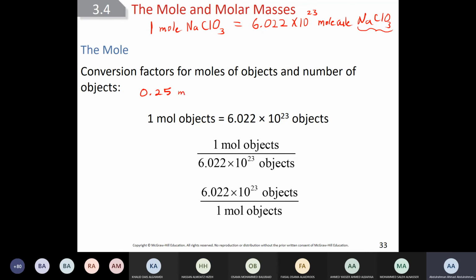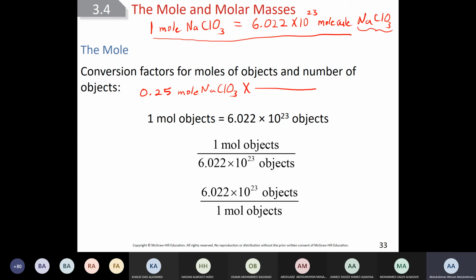Now, if I have 0.25 mole NaClO3, how many molecules are these? 0.25 times Avogadro's number of molecules. You have to write this equality. Always use this equality to get rid of units.